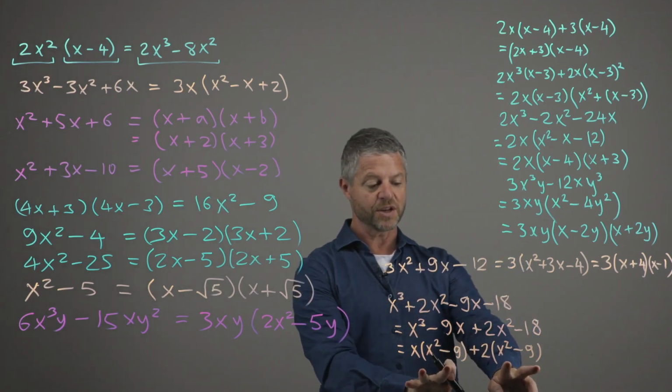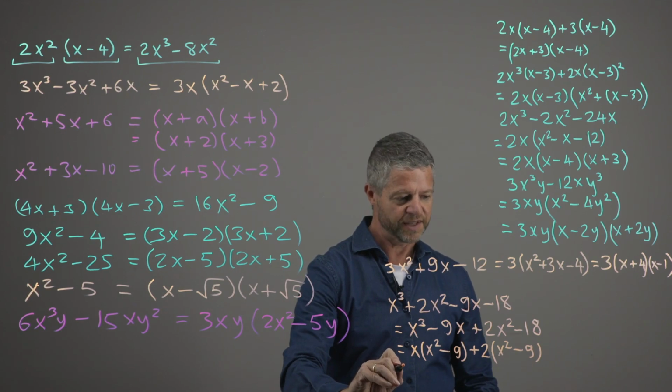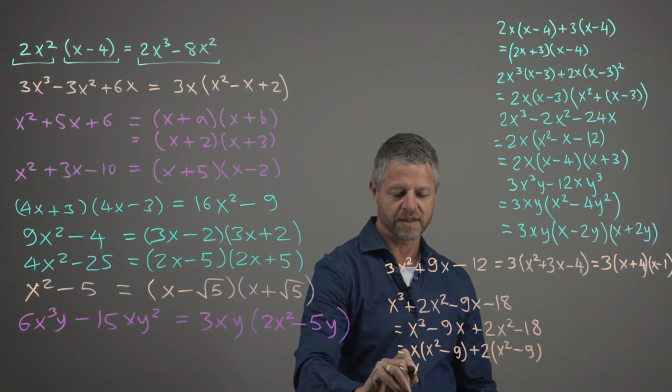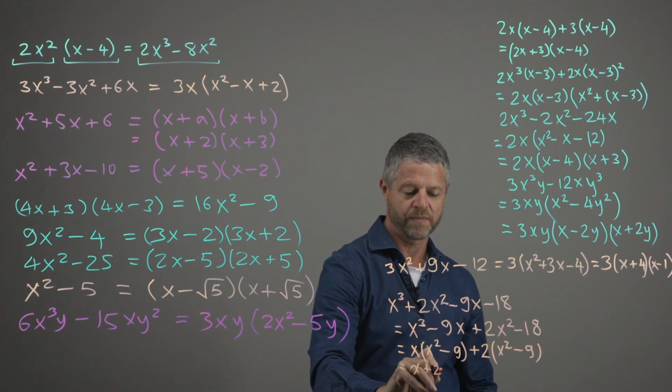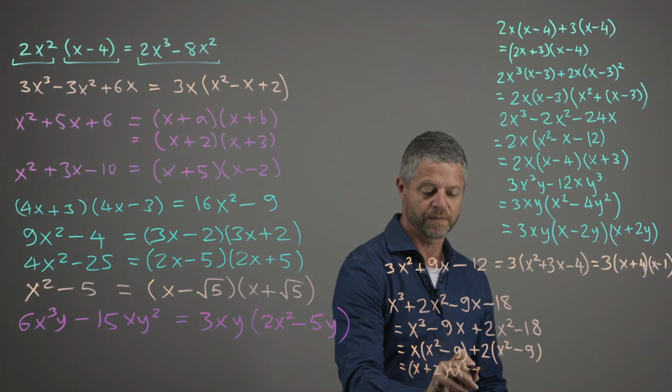And then now I've got a common factor of x squared minus 9. So I'm going to have x plus 2 times x squared minus 9.